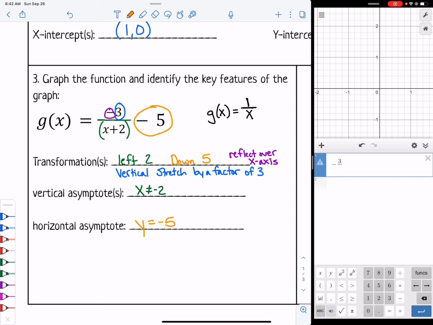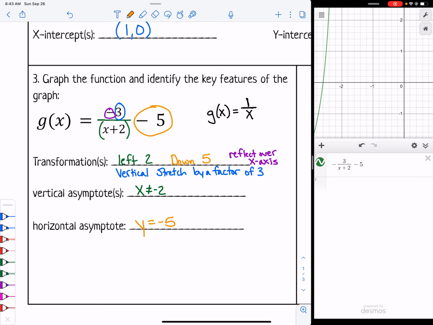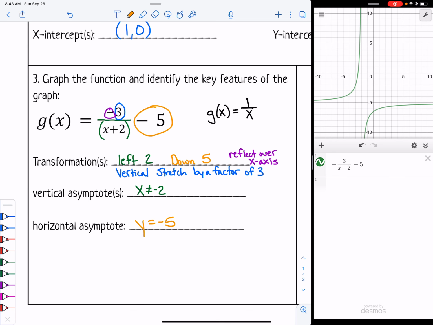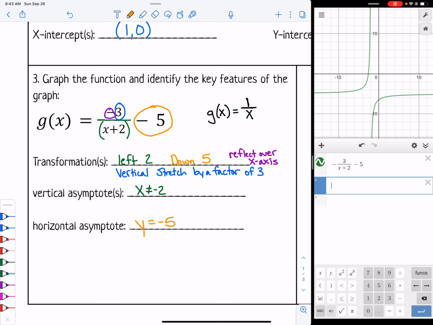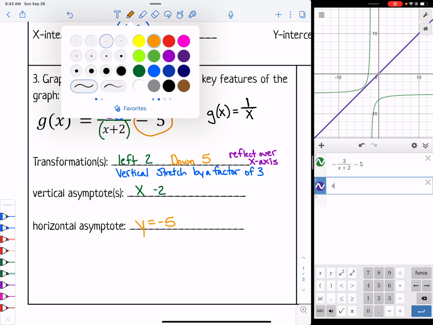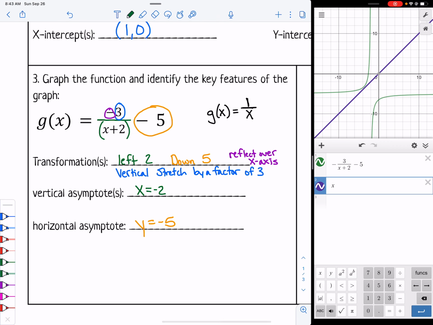So let's go ahead and type it into Desmos. So you have negative 3 over x plus 2, and then out back you have minus 5. Let's hit home, and we can see that we have a vertical asymptote at x equals, I didn't mean to put not equals over here, let me fix that. At x equals negative 2.